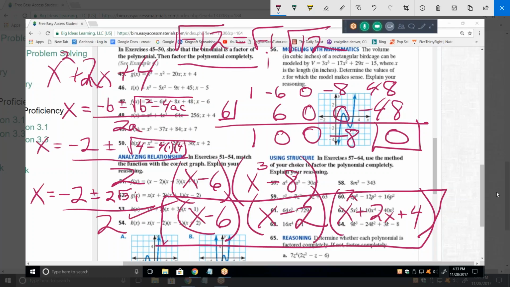That's why it was so important for me to simplify root 12, because I can eliminate all these 2's. And now my answer is minus 1, which doesn't go away, plus or minus root 3 i. Now, that's my answers for that irreducible quadratic.